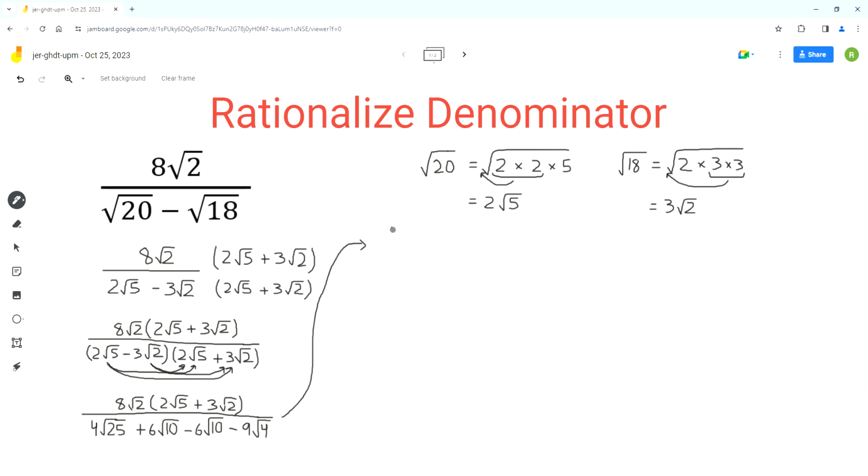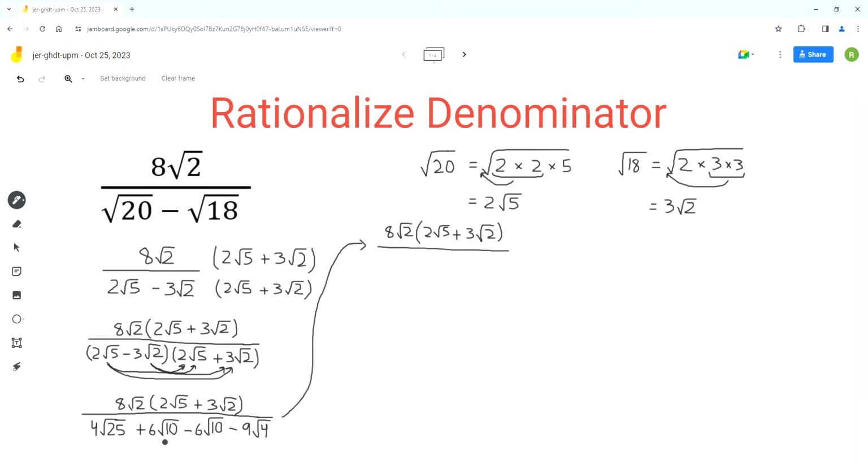The numerator expression will stay the same as it is. So 2 square root 5 plus 3 square root of 2 over. Now in the denominator, there are like terms.